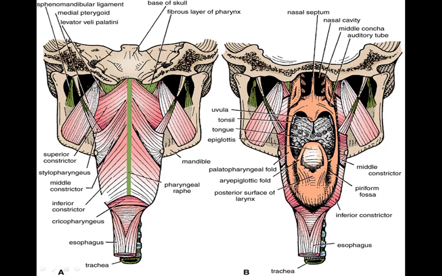Here we can see the posterior third of the tongue, circumvallate papillae, and here this is the uvula, and here also this is the epiglottis we can see, and this is the opening of the larynx.